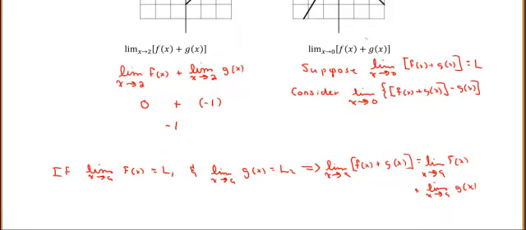So this limit would exist, and it would be the limit as x approaches 0 of f of x plus g of x minus the limit as x approaches 0 of g of x, which would be L minus negative 1, L plus 1.